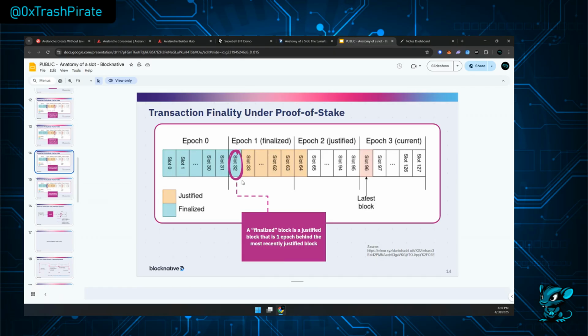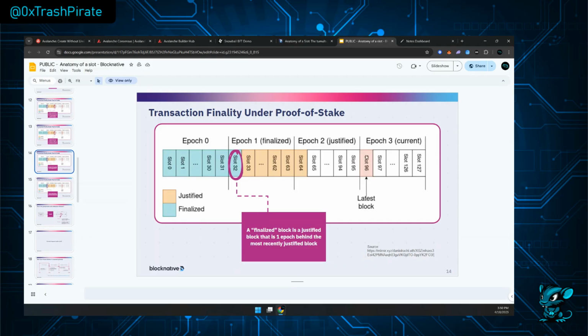After 32 slots, which is roughly 6.5 minutes, if 2/3 of the chosen validators agree on the validity of the block, you call it justified. And after another epoch, if still 2/3 of the validators agree on it, you call it finalized.